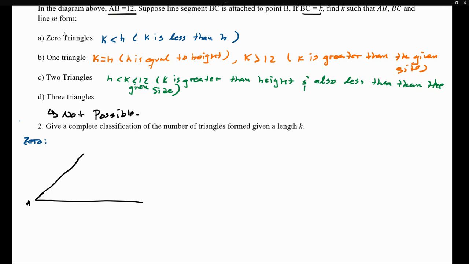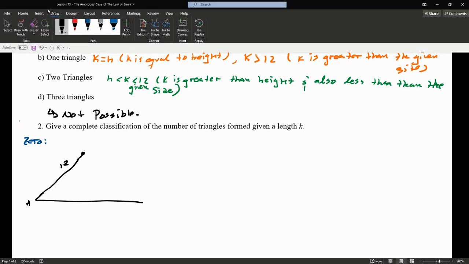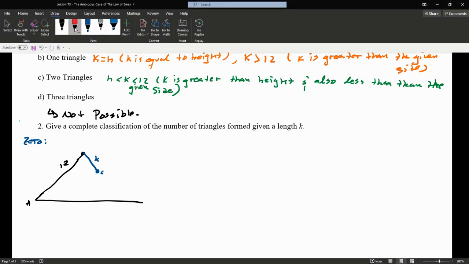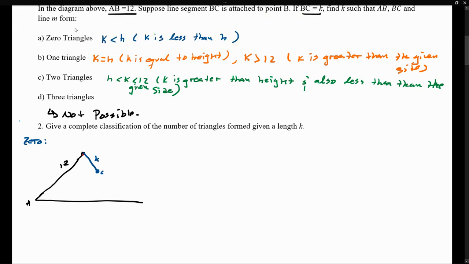If we've been given a length of 12, we could have zero triangles if this third side, k, is less than the height. Then we cannot create any triangles whatsoever, because notice that we're missing all this. So we could have situations where we create no triangles.